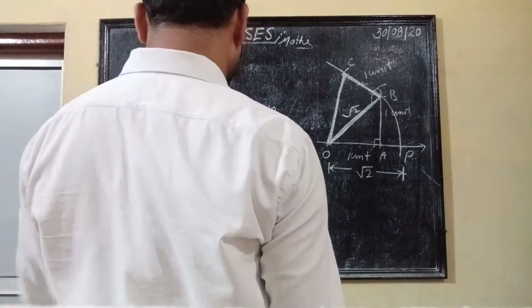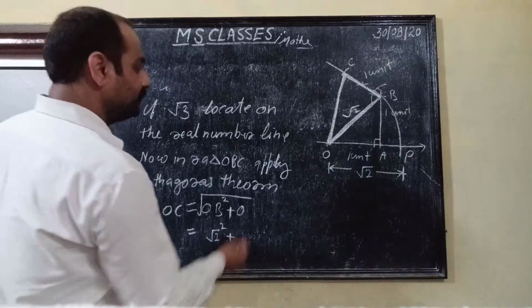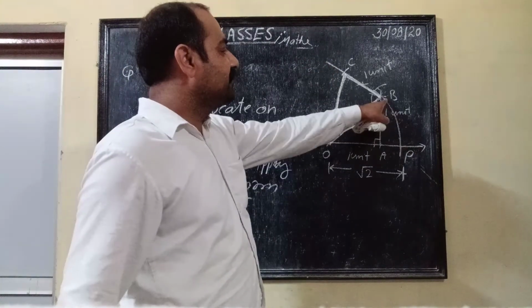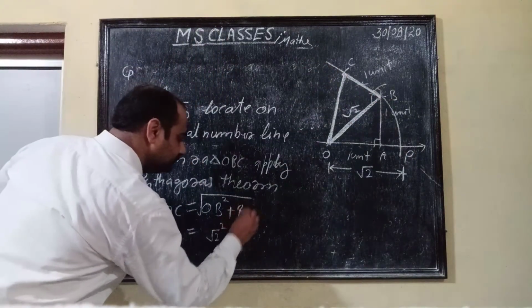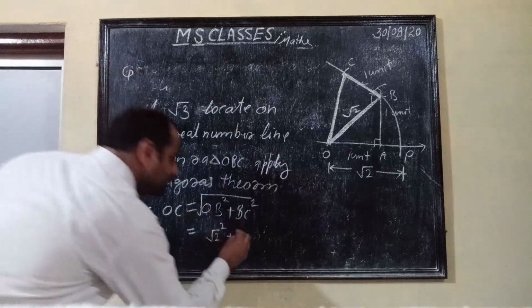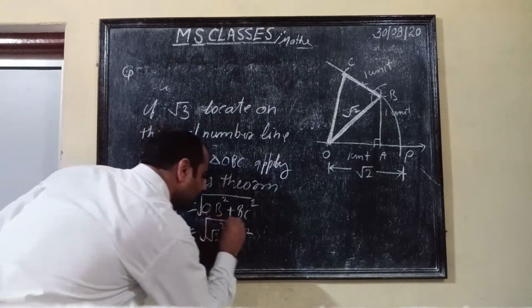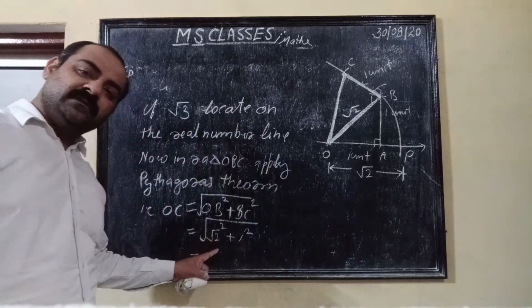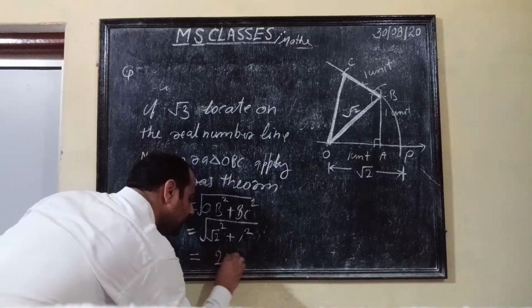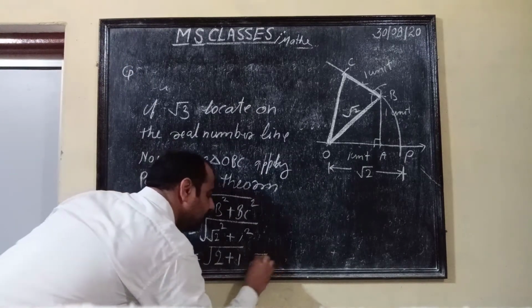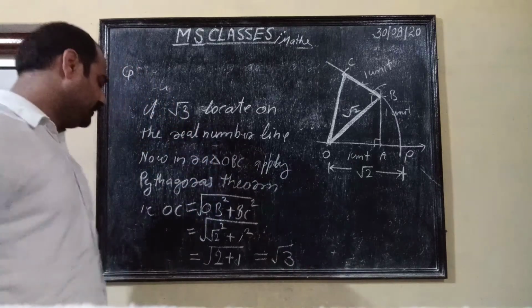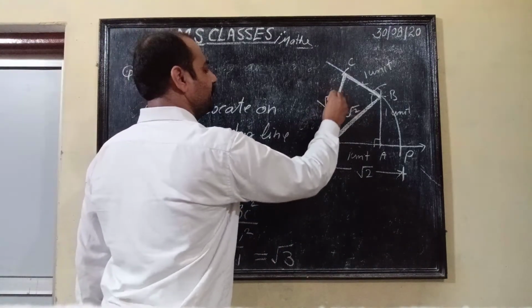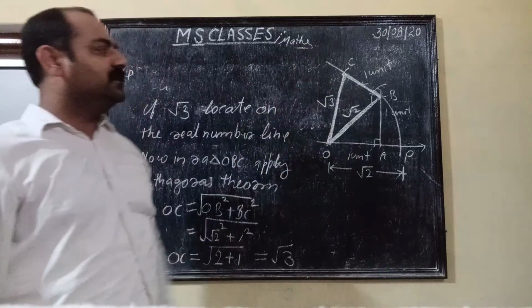BC is equal to 1 unit again. If we square the square root of 2, this will become only 2, plus 1. This is equal to under root 3. So we have OC equal to under root 3.